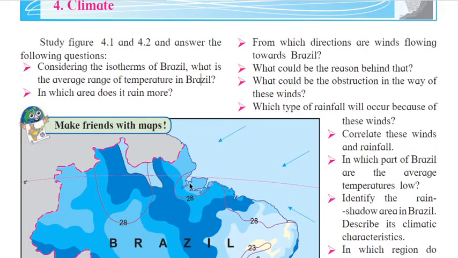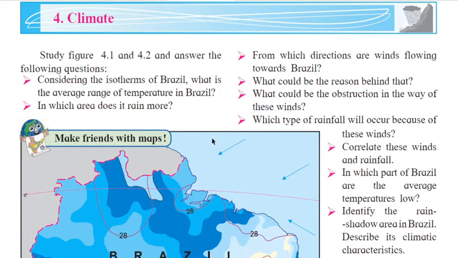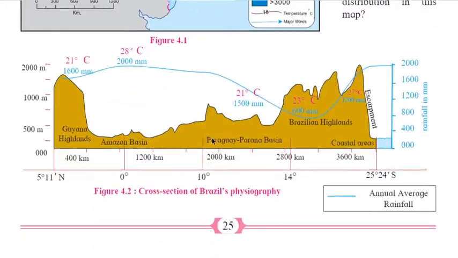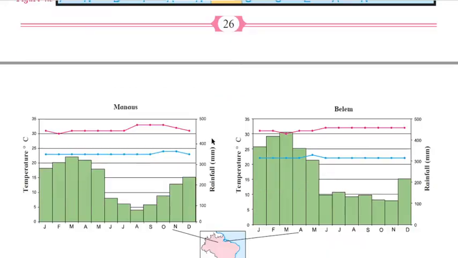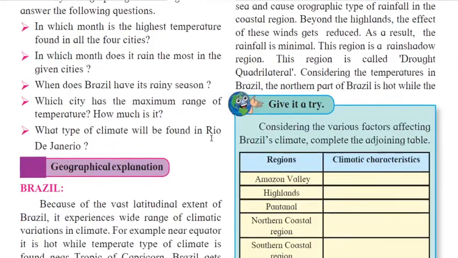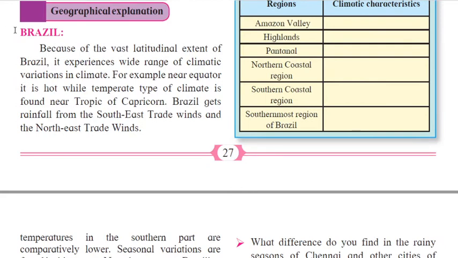So let us learn about the climate. We will directly come to the geographical explanation about Brazil and the geographical explanation about India. I'll just start with the geographical explanation.